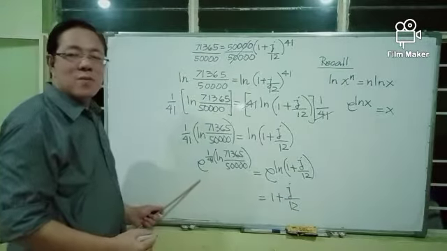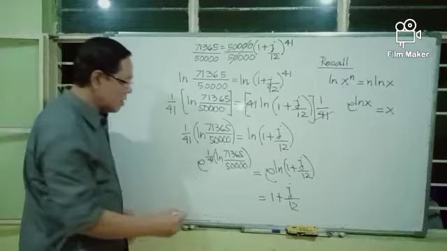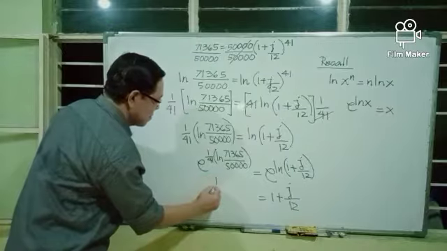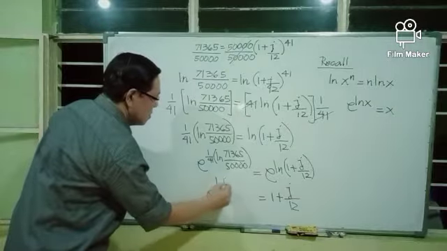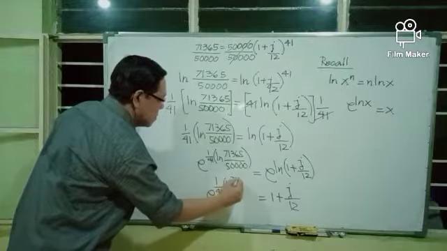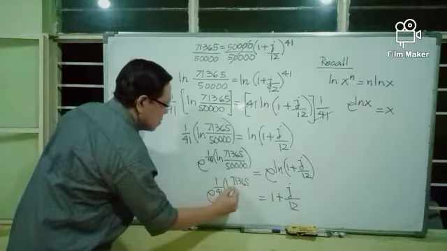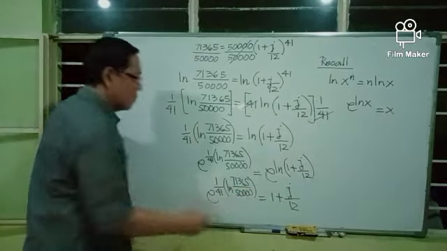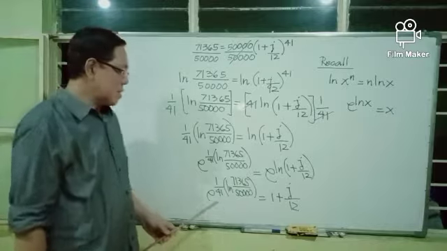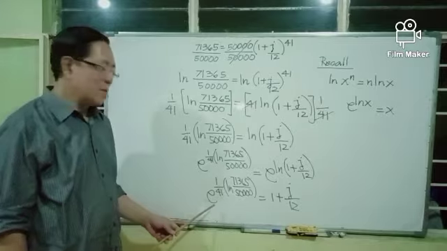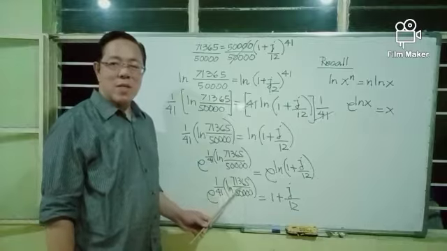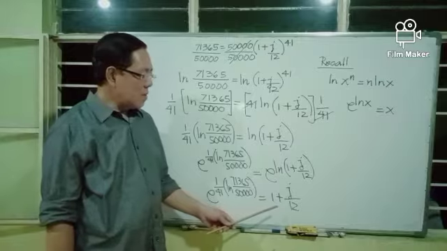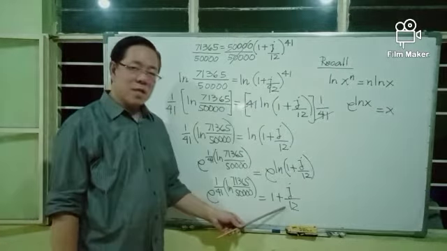At the left hand side, we still have the same e raised to 1 over 41 multiplied by ln of 71,365 over 50,000. Now we have almost only j at the right hand side.